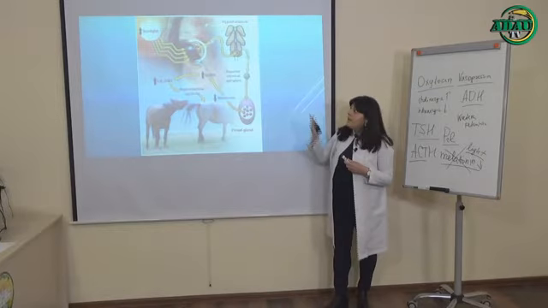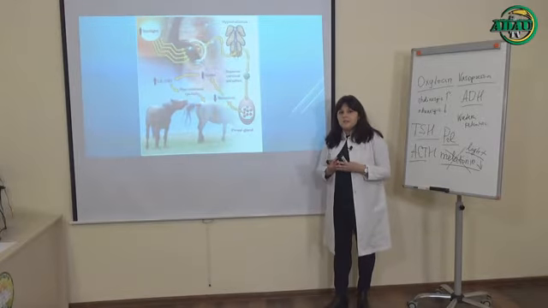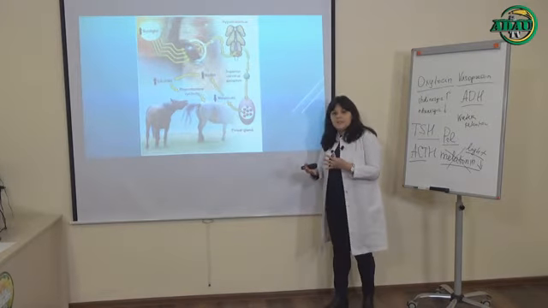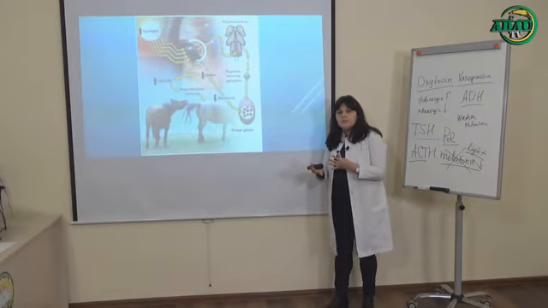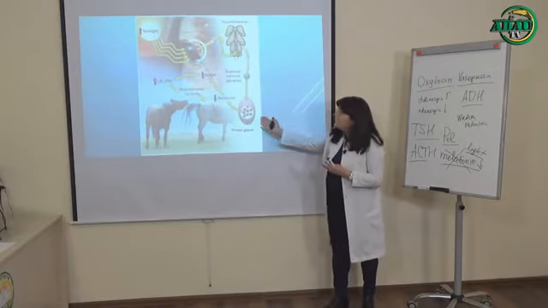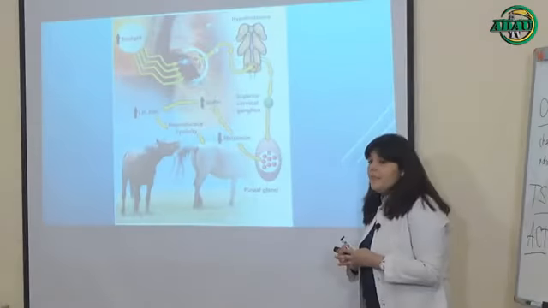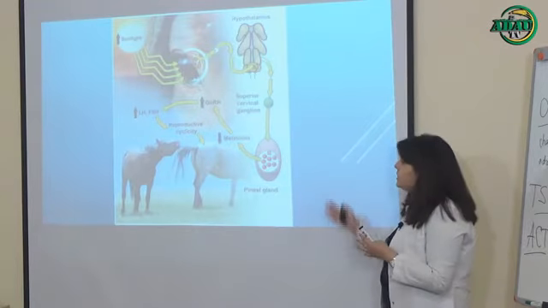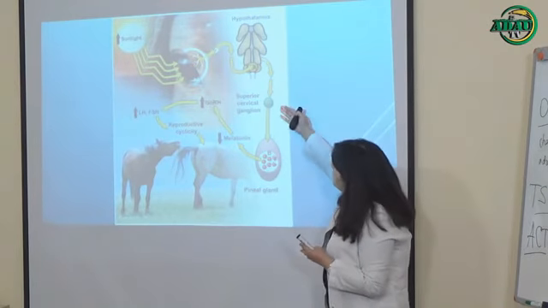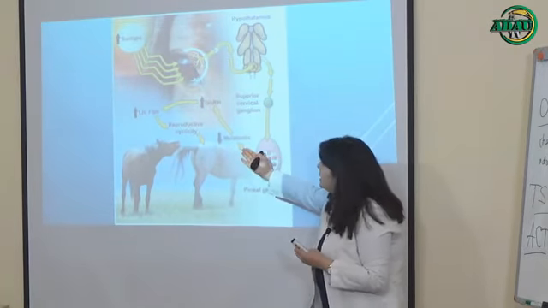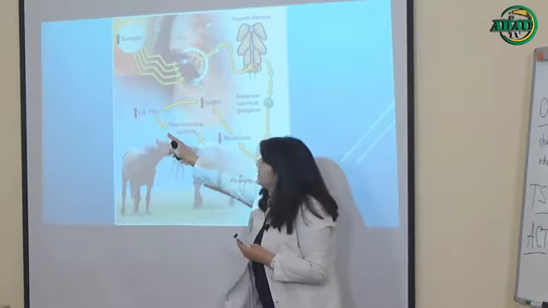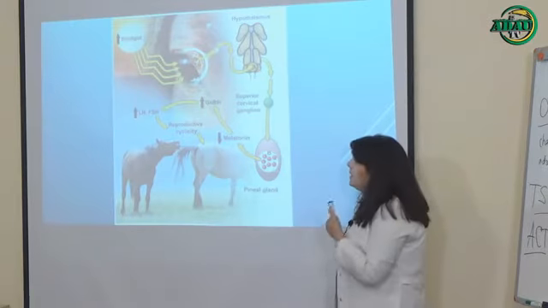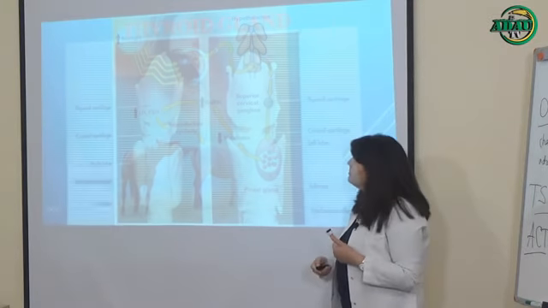When the receptors are activated by the light, this signal can be transferred to the diencephalon, to the pineal gland, and then all these processes can start. The process is related to the activation of the ganglions, then to the reduction of melatonin, and to activation of production of follicle-stimulating hormone and luteinizing hormone.